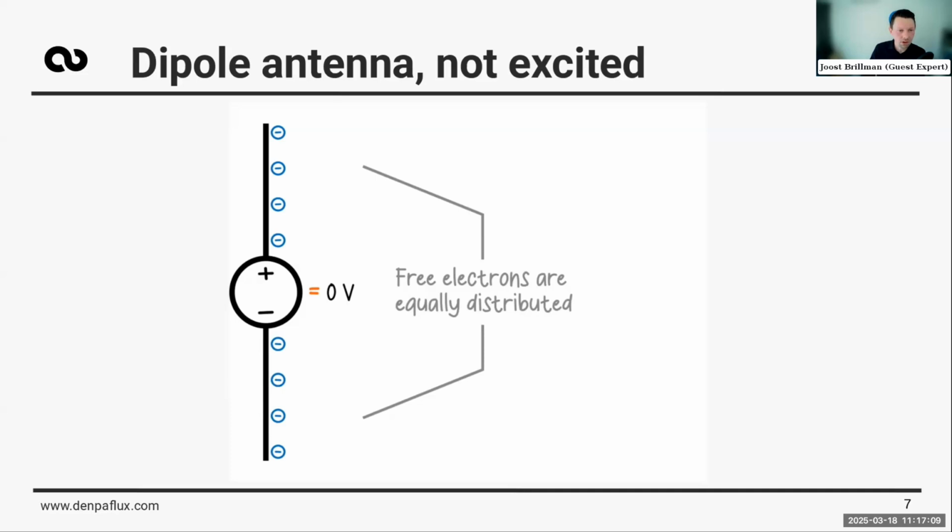We have a voltage source in the middle, and at each terminal we have a conductor. Conductor going up, conductor going down, and it just stops there. When there's no voltage in the middle at the source, the free electrons in these conductors don't face any voltage potential, and the distribution is just evenly spread around.